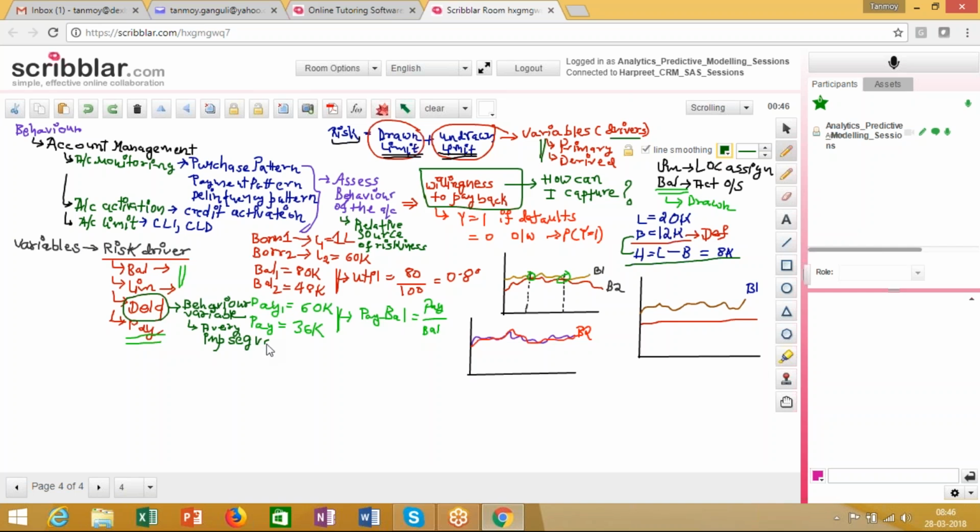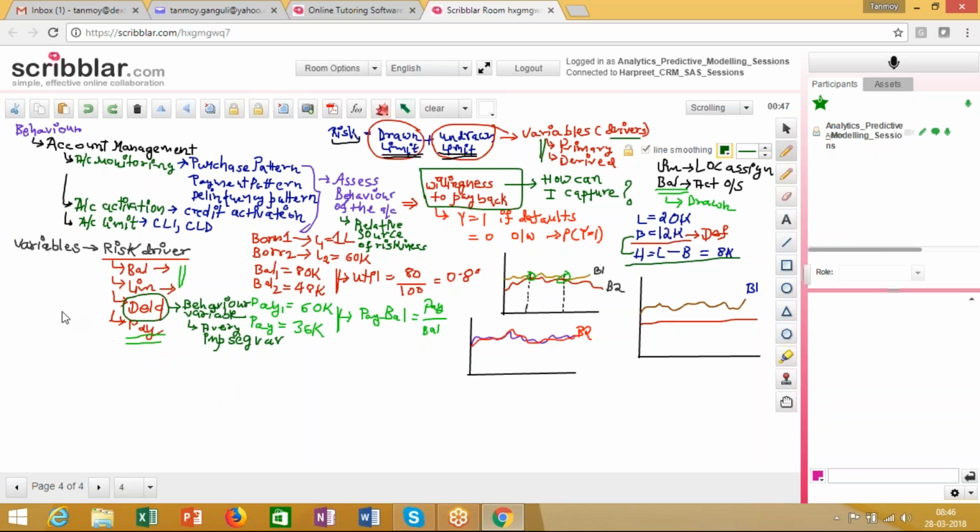Now when we say this, the next question that comes to us is why is it that delinquency is to be treated as a segmentation variable for a behavior scorecard?